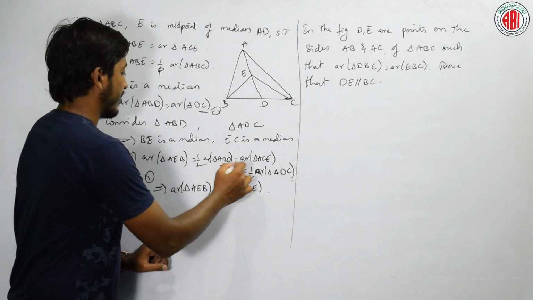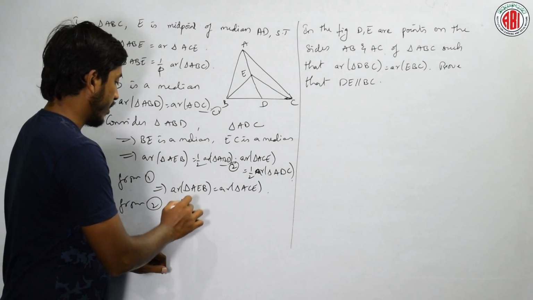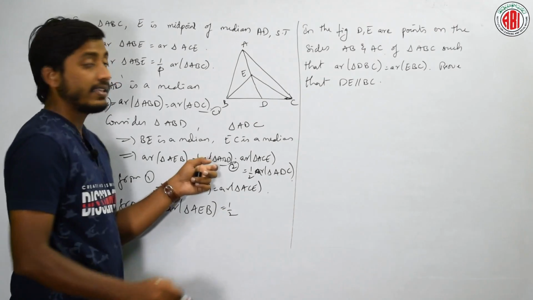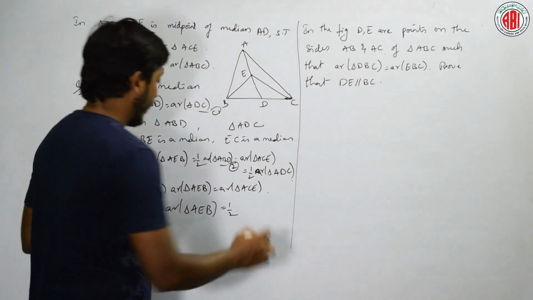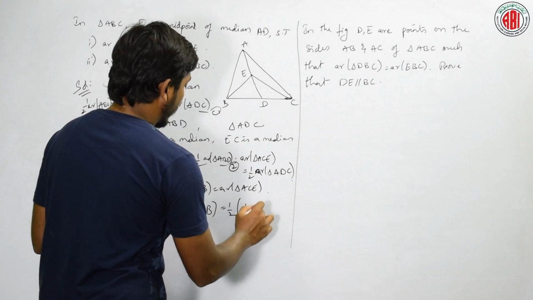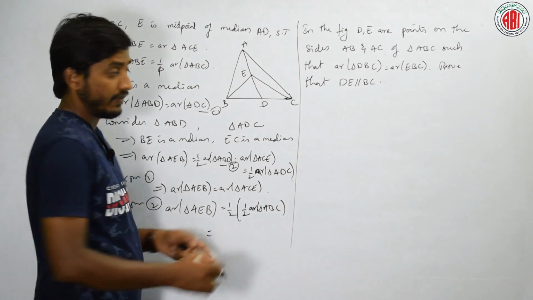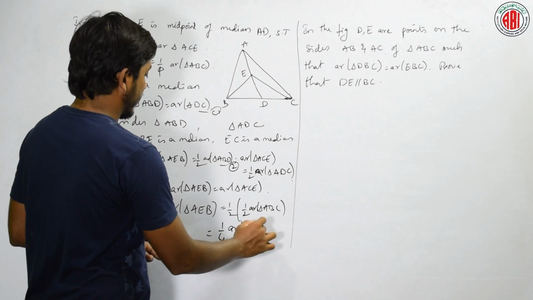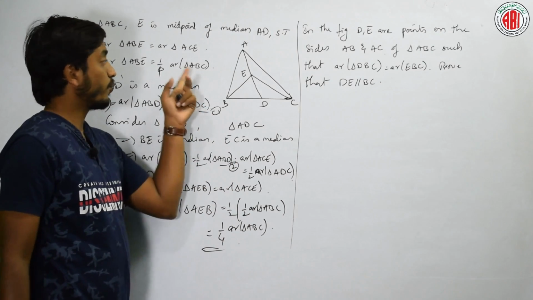Let us take from this statement, from 2, the area of triangle AEB is equal to half of ABD. Can I write ABD as half of ABC, right? That is half of the area of triangle ABC. Half into half, that is 1/4 the area of triangle ABC. Clear? That is what they asked us to prove.